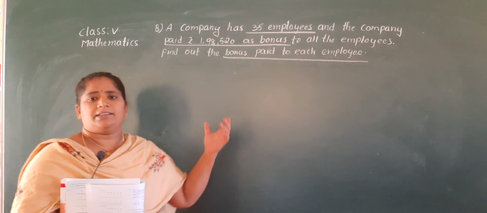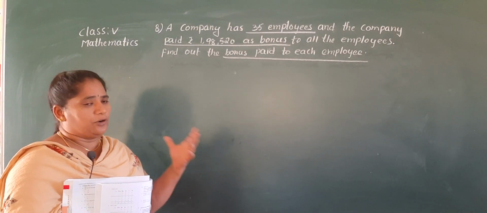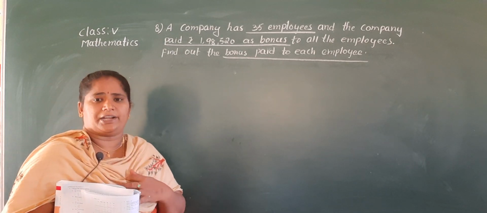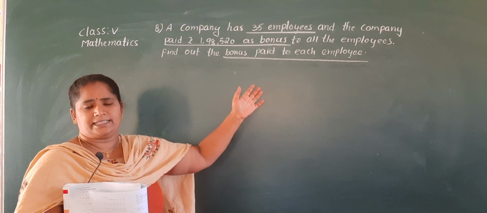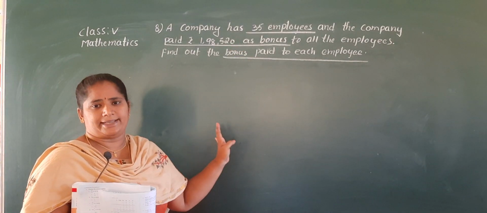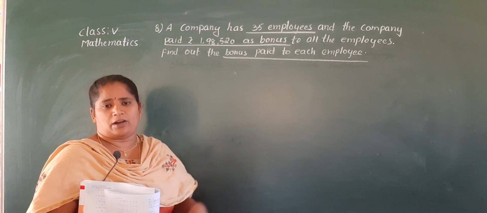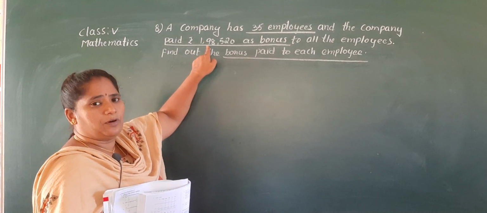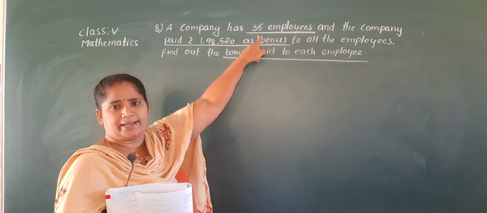So there are 35 employees in a company and they want to give the bonus, so they paid 1,98,520 rupees for all the employees. All the employees means 35 employees. Then how much bonus is paid to each employee? So this bonus is given to 35 employees.